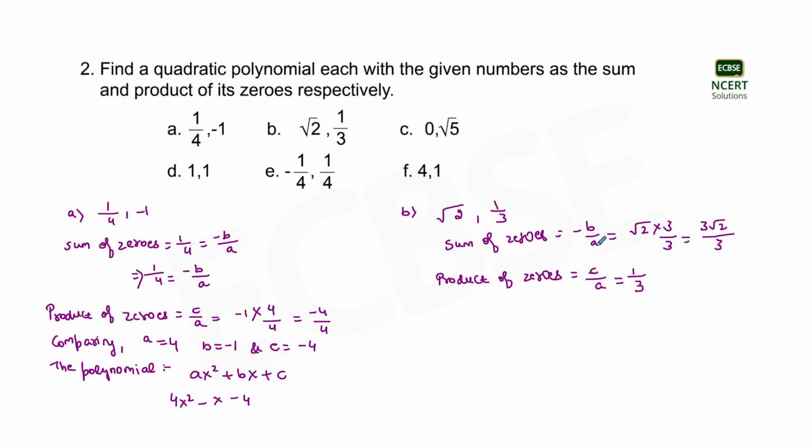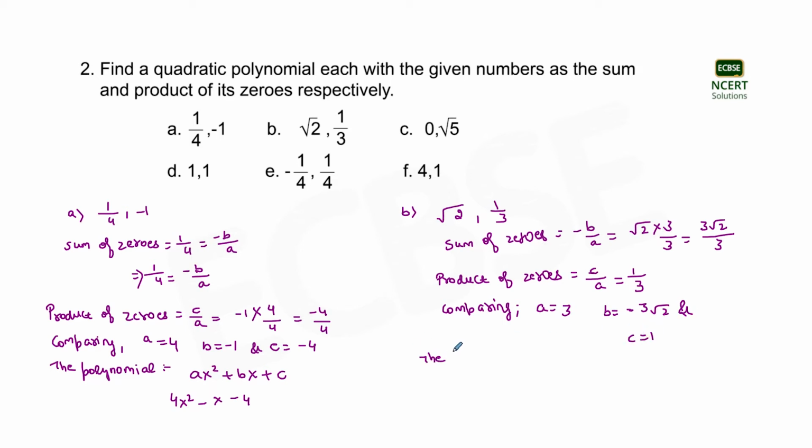So in order to make the value of a equal to 3, we will multiply and divide it by the number 3. So comparing, we get that a is equal to 3, b is equal to -3√2, and c is equal to 1.